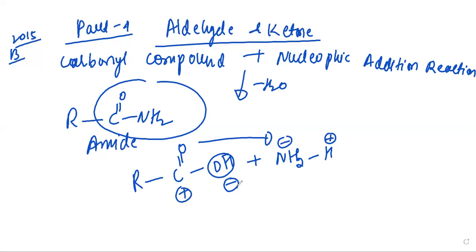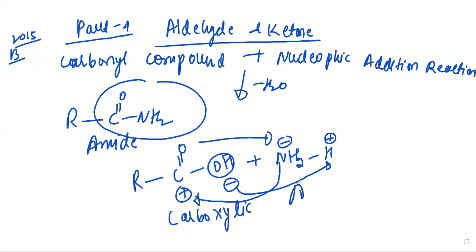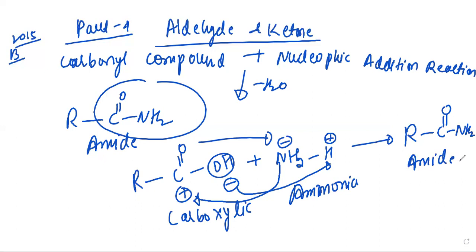So this OH minus goes with this H, and this NH2 minus attaches with this. So this is your carboxylic acid reacting with ammonia to form the derivative of amine. So it will be RC double bond O NH2, so it forms amide. Understood?